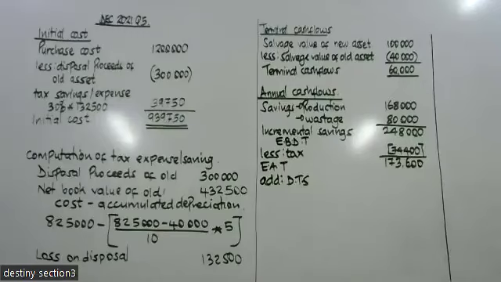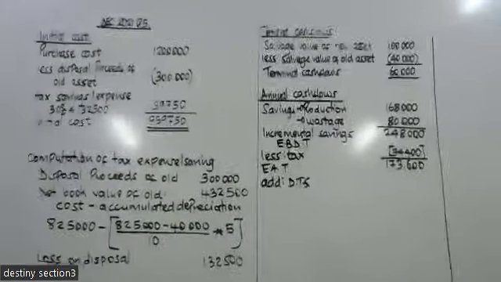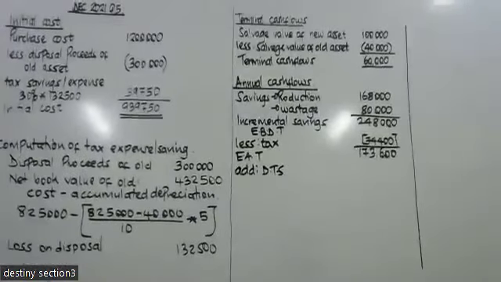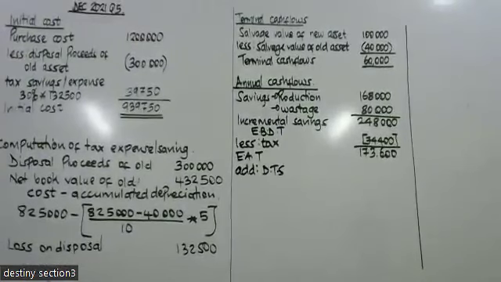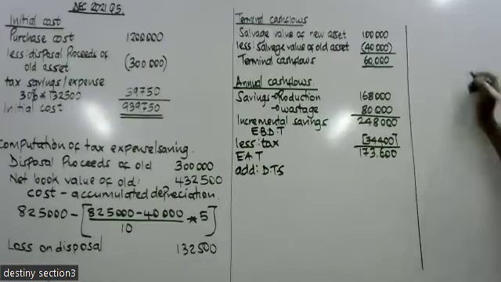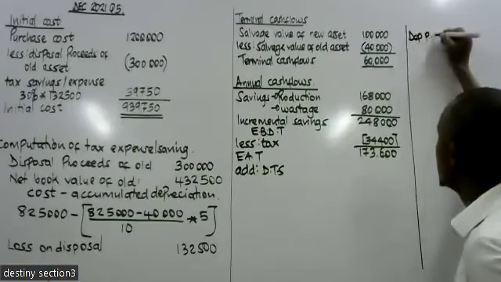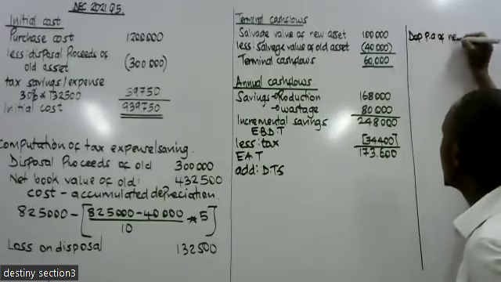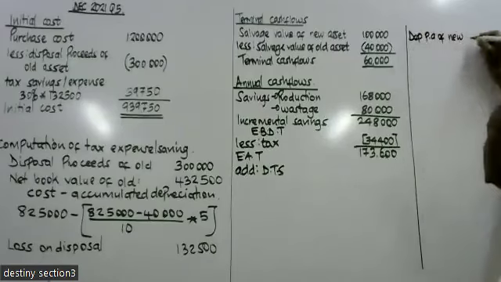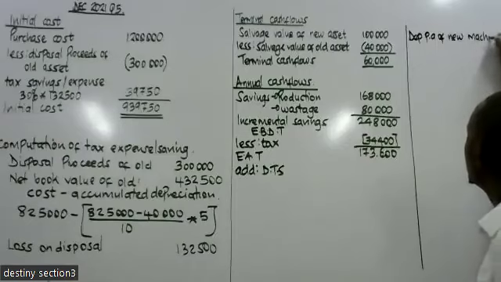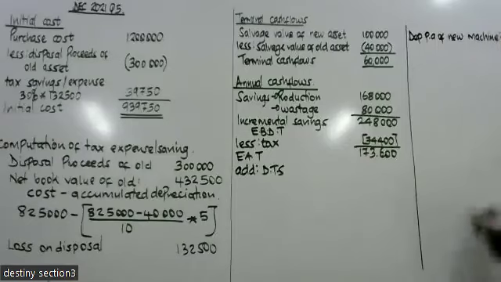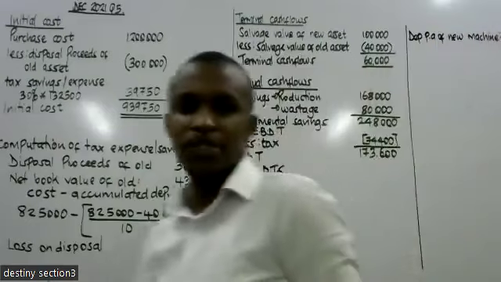Get the depreciation per annum. So give me the depreciation per annum of the new machine.